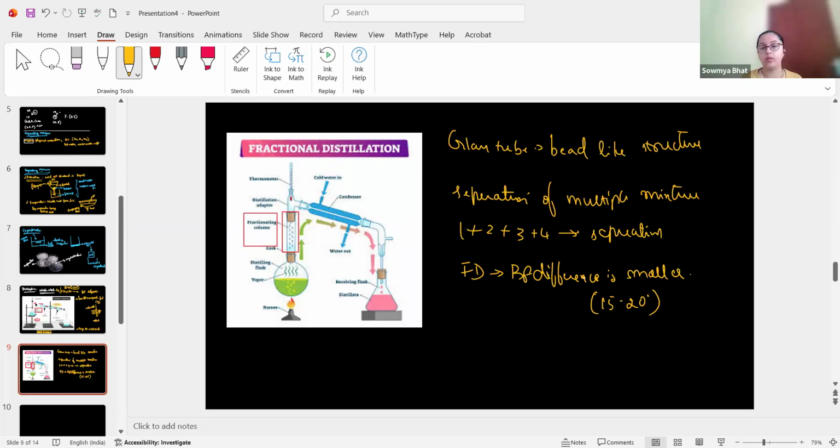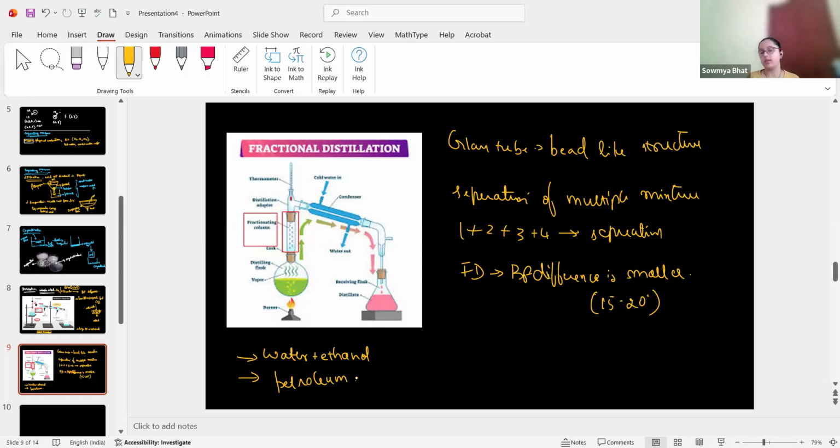Okay, moving ahead. Now, water and ethanol can be separated from this. The second thing, the next one would be, yeah, the petroleum, the crude oil.